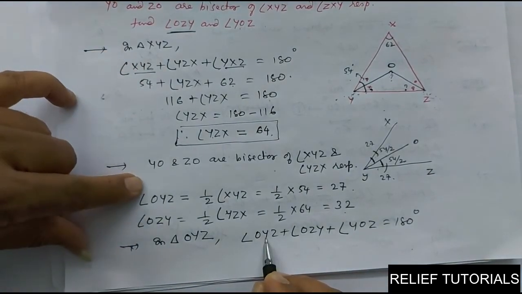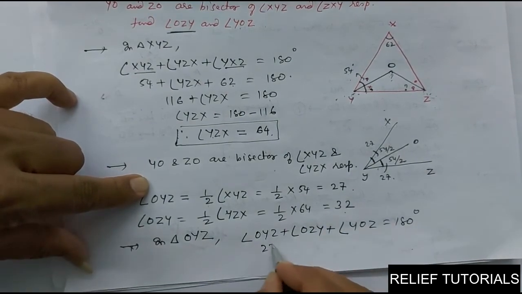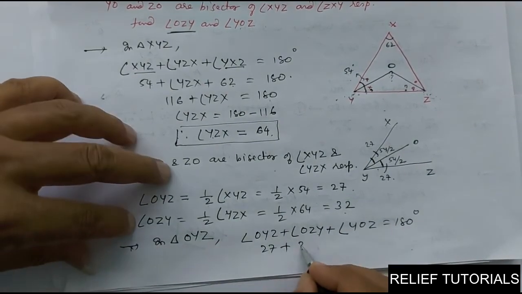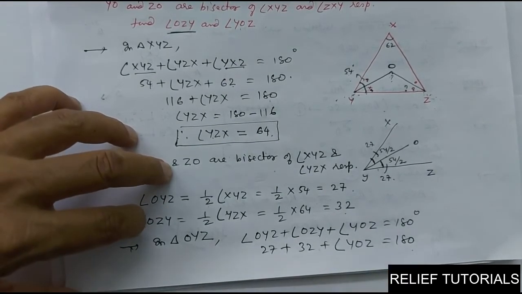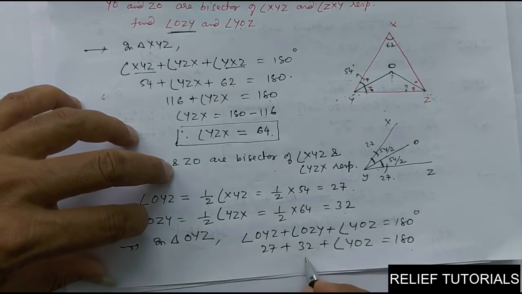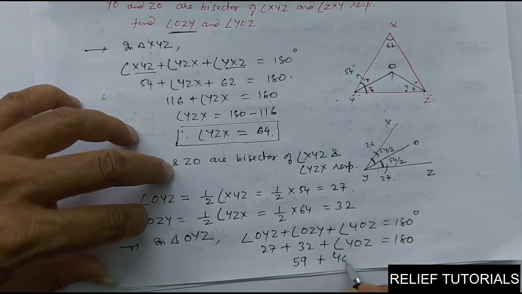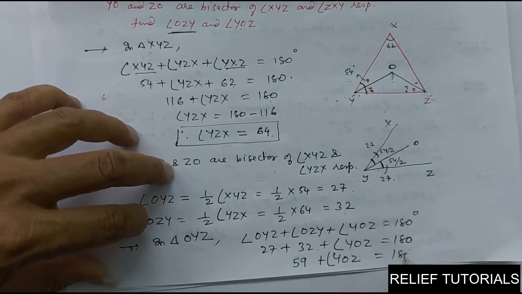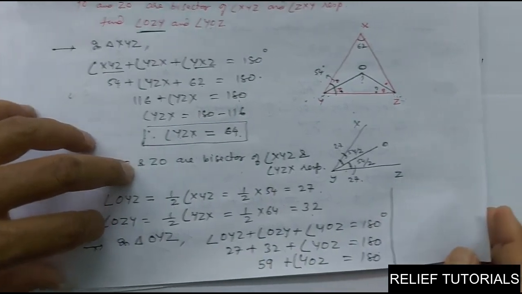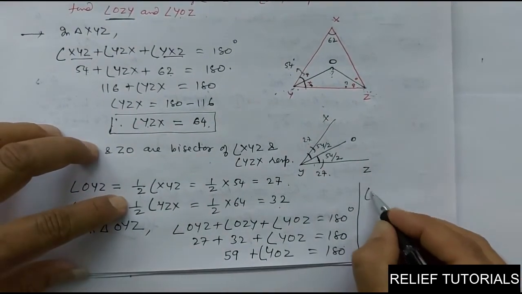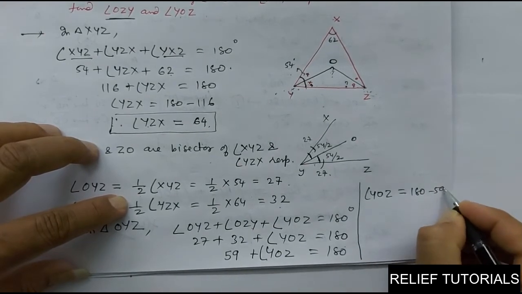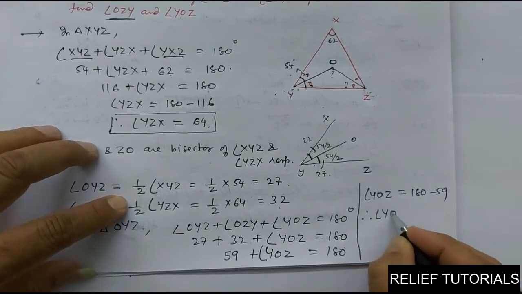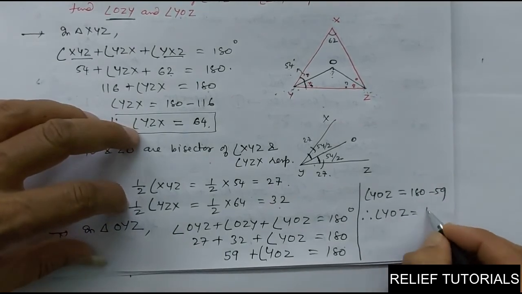OYZ is 27, OZY is 32, plus angle YOZ equals 180. 27 plus 32 is 59, plus angle YOZ equals 180. So angle YOZ is equal to 180 minus 59. Therefore angle YOZ is equal to 121.